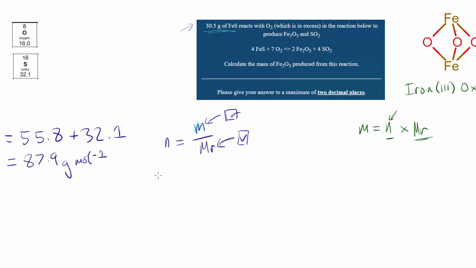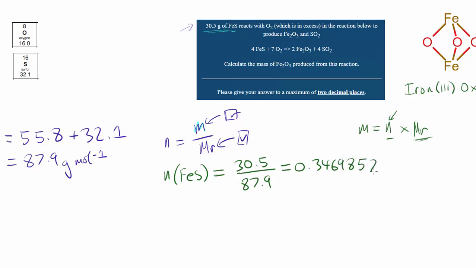I'm going to specify here so it's clear later on: the moles of specifically FeS is 30.5 divided by 87.9, and that's going to be 0.34698..., in moles, right?